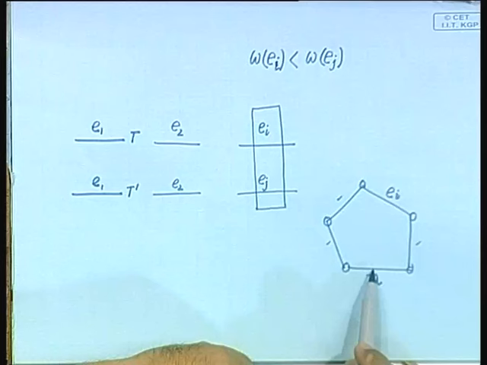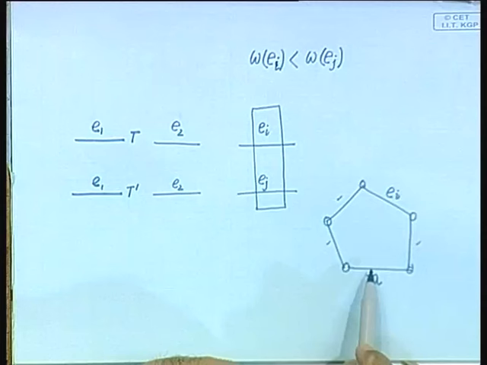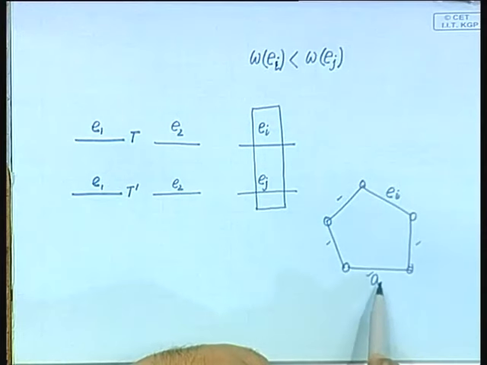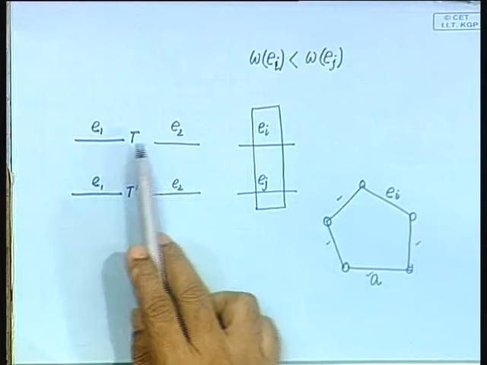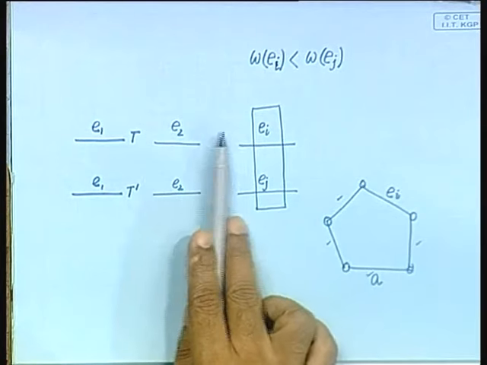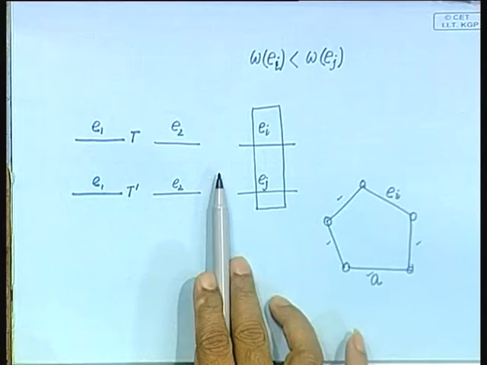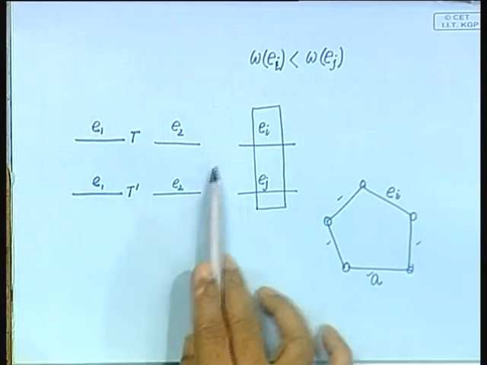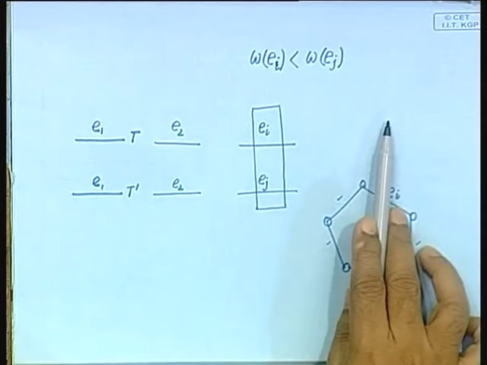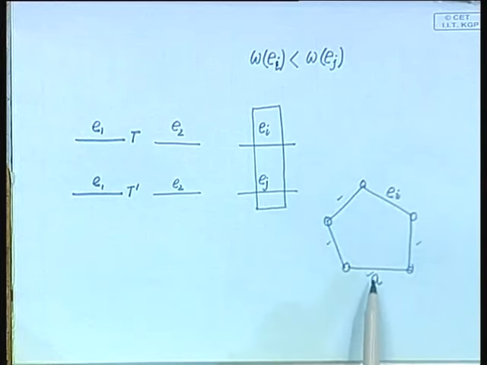Now, if this is not in T, then the cost of this edge will be more than these edges which we have already seen, because all of these edges are both in T and T dash. So, A is not in these edges, so A is somewhere on this side. So, the weight of A is more than that of Ei, right.